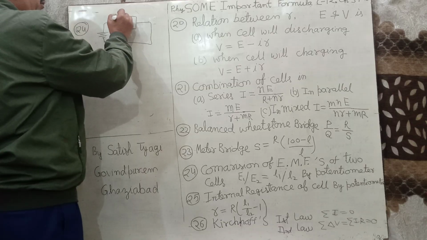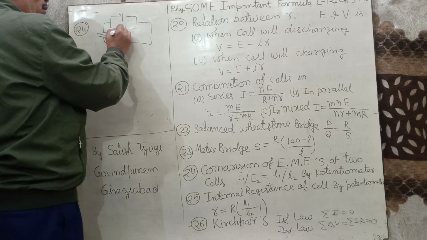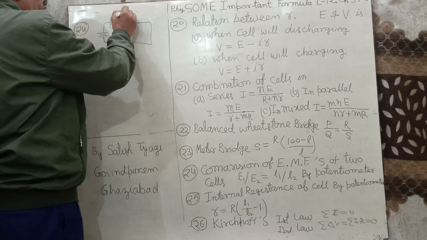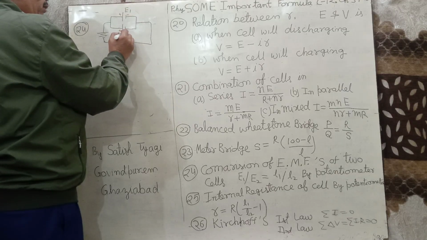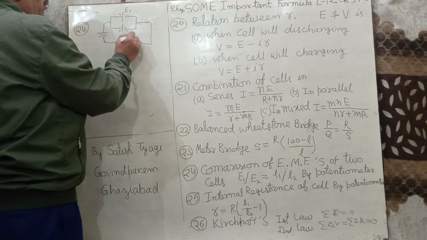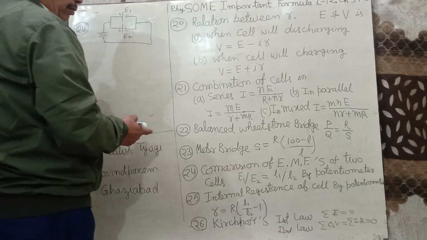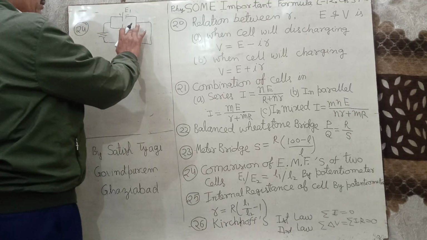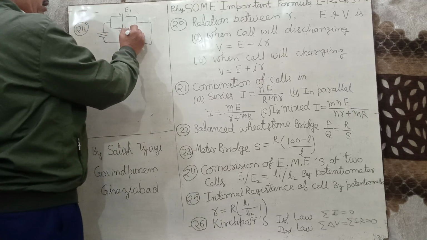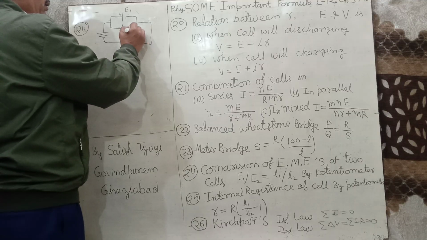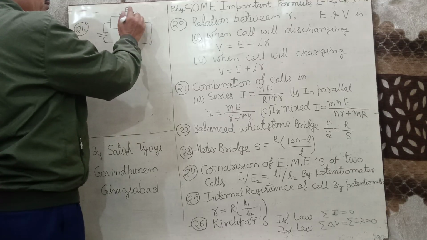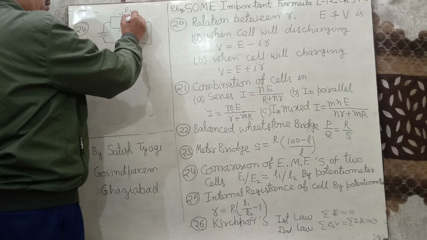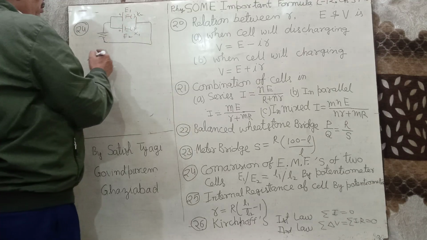Here this is E1 and this is E2. This is K1 and this is K2.